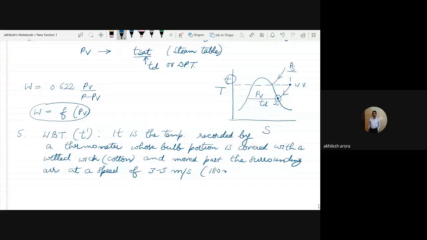So it will become 180 meter per minute to 300 per minute. Okay, and move past the surrounding air at a speed of 3 to 5 meter per second.